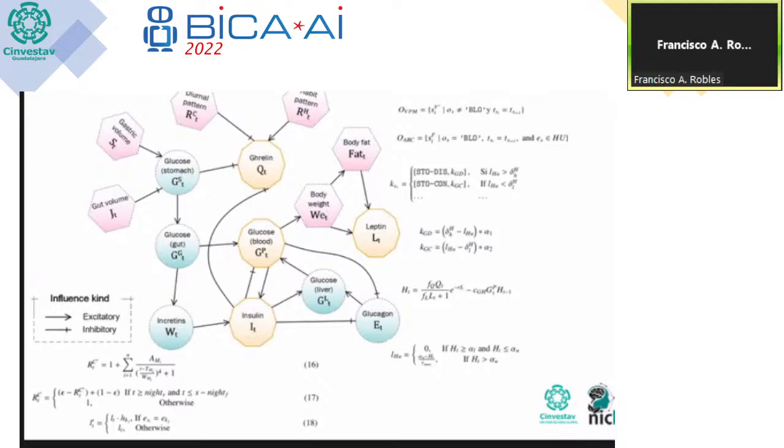They increase production or release, as we see, for example, excitatory connections of insulin, ghrelin, glucose in blood, and how inhibitory patterns like glucose from the stomach, for example, with ghrelin in other parts of the central nervous system.